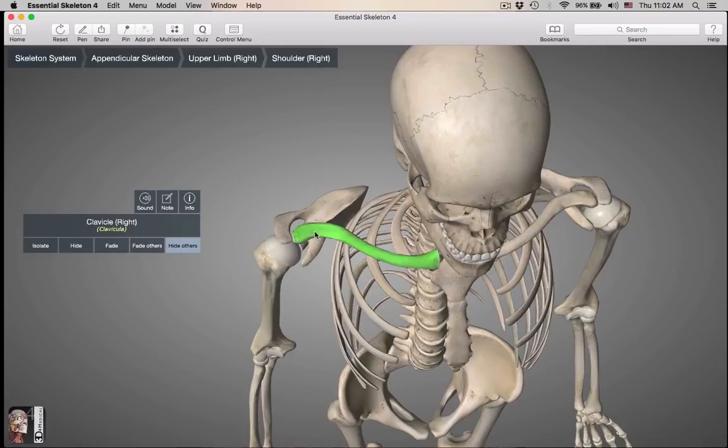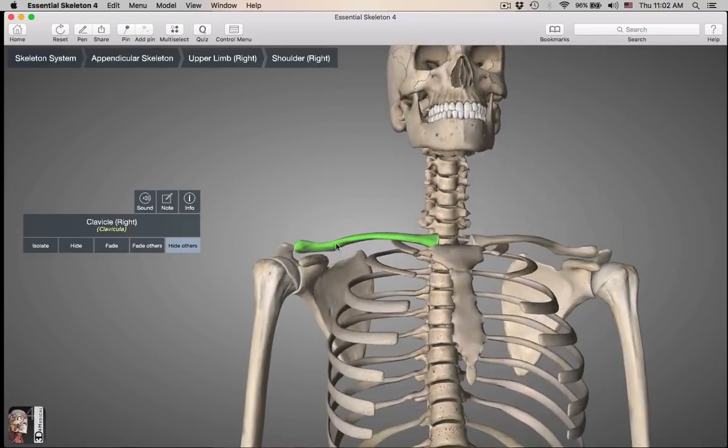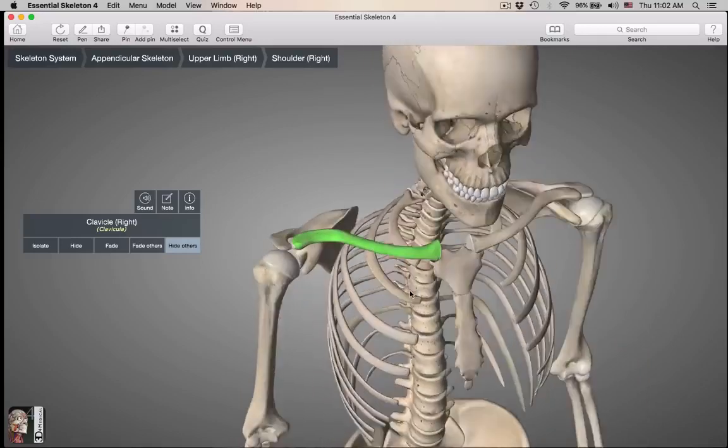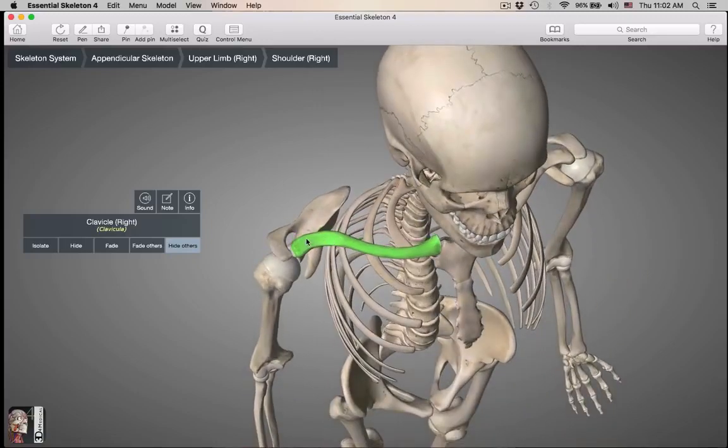Smooth side up. The rougher side is down through here. So that's basically all you need to know about the clavicle. The sternal end articulates with the clavicular notch of the manubrium, which is part of the sternum, and the acromial end is the flared out end that is articulating with the acromion of the scapula.